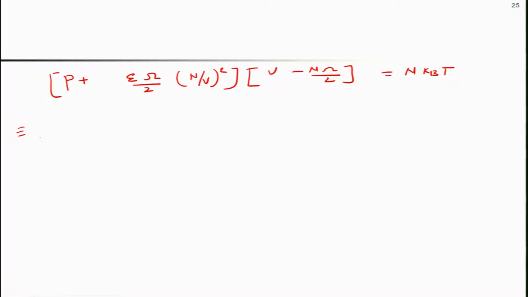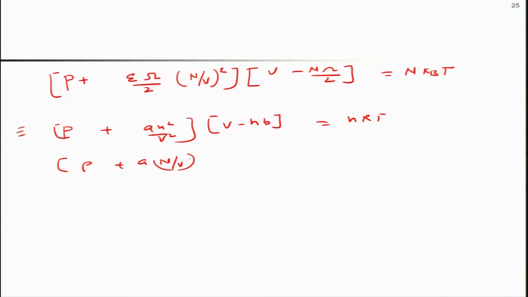This is synonymous to writing a n square by V square, V minus n b is equal to n RT in molar terms, or P plus a (n by V) square times V minus n b is equal to n kT.